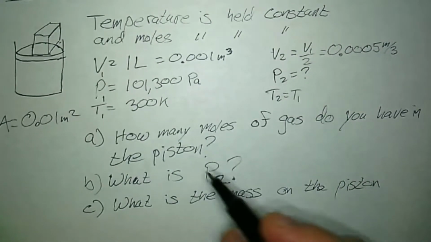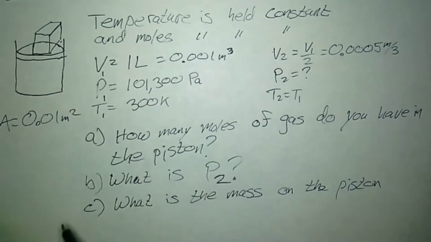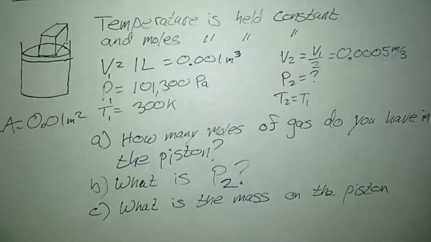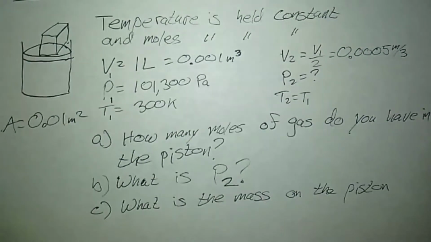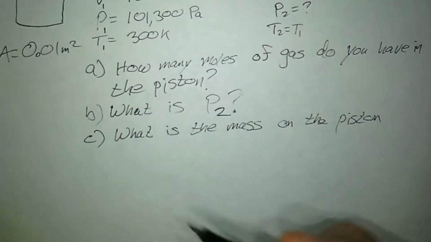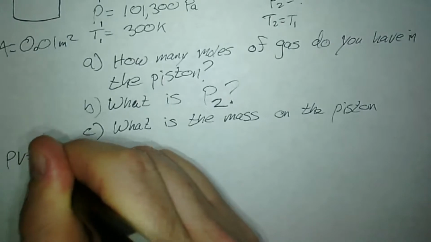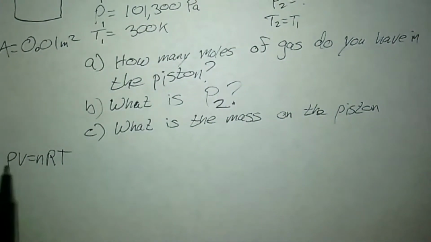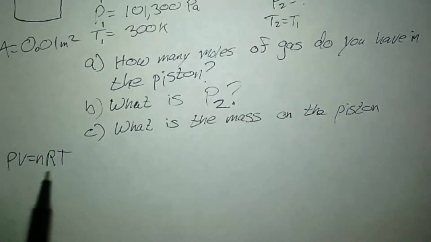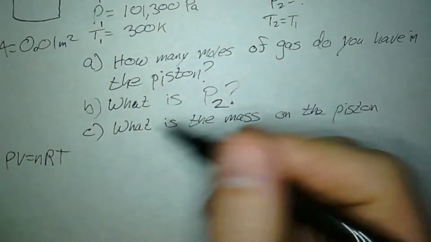Okay, so part A is just going to be an exercise in using the ideal gas law. So we're just going to go ahead and write the ideal gas law. And we know our initial values for P, V, and T, and R is a constant, so we're just going to solve for n.